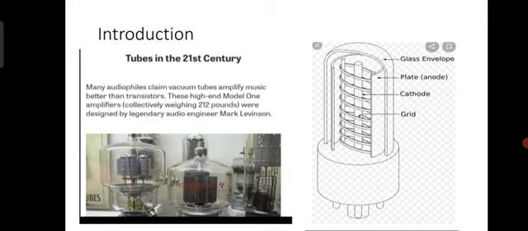In the right side picture, you can see the tube diagram, which has parts like the glass envelope, plate which is the anode, cathode, and grid. So these are the present 21st century tubes we are using.